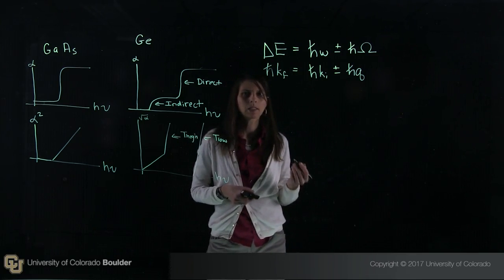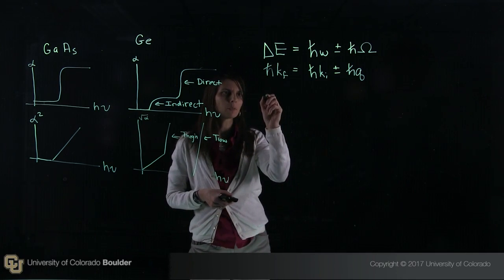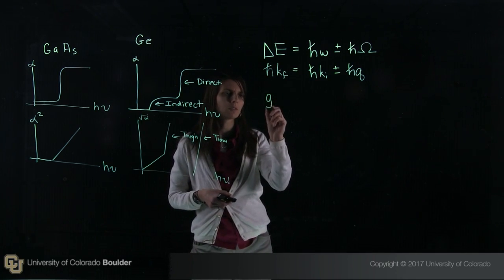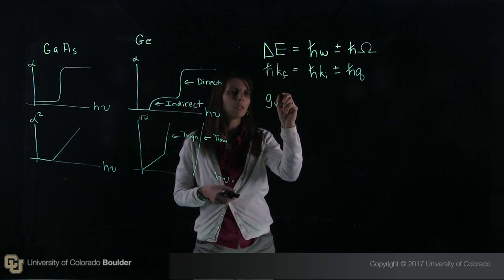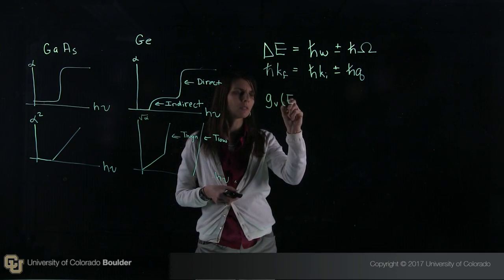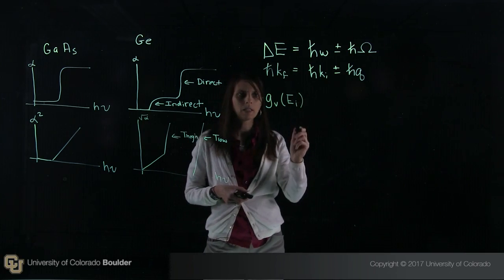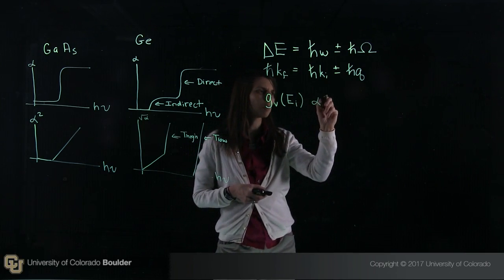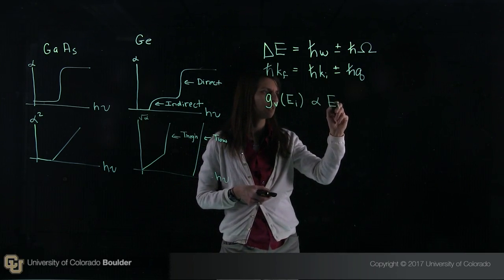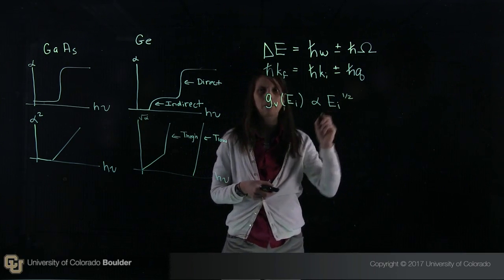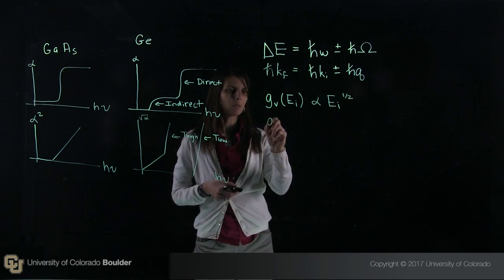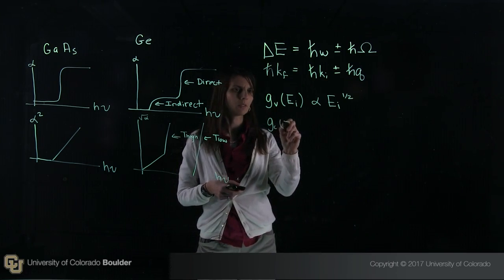So in order to take a deeper look at this, we have to write down the joint density of states. If we think about the initial density of states, in the valence band here, this is going to be proportional to the initial energy to the 1/2. Now we can talk about what happens in the case of the final state.